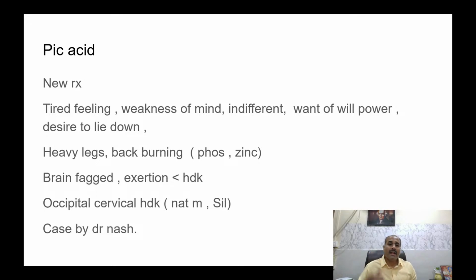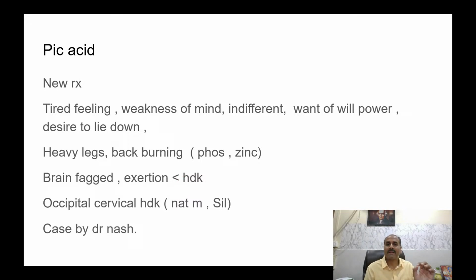Now next you will see in picric acid there is a heavy and tired feeling and a feeling of burning in the back like phosphorus and zincum, and there is brain fag that we see on exertion by headache, which is very similar to Natrum carb again over here, but the tiredness and the physical disability is more. So you will see in all the acids the tiredness is more, and if you understand this from all the patients, you will be in a better position to prescribe picric acid.